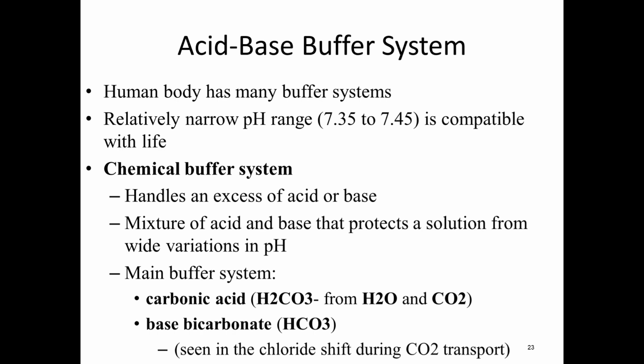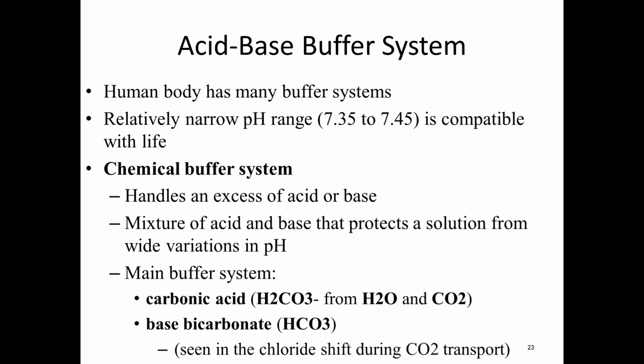The main buffer system is carbonic acid and the base bicarbonate: carbonic acid, H2CO3, from H2O and CO2, and the base bicarbonate, HCO3, as seen in the chloride shift during CO2 transportation in respiration, right?